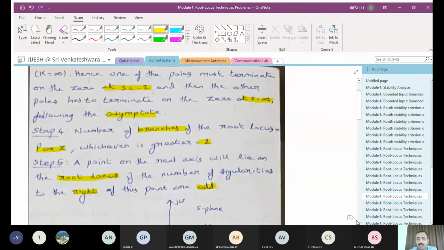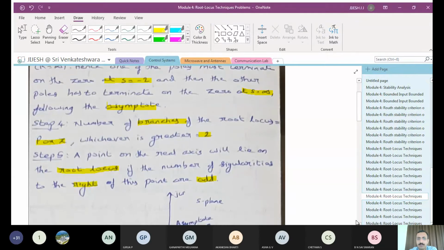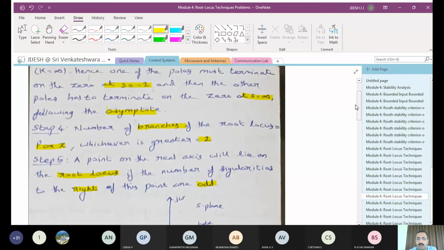Okay. So I'm going to plot those poles and zeros, and next I need to find the asymptotes and mark those points, everything. So we'll do it step by step. You can make a note of all these things, writing all the steps one after the other.